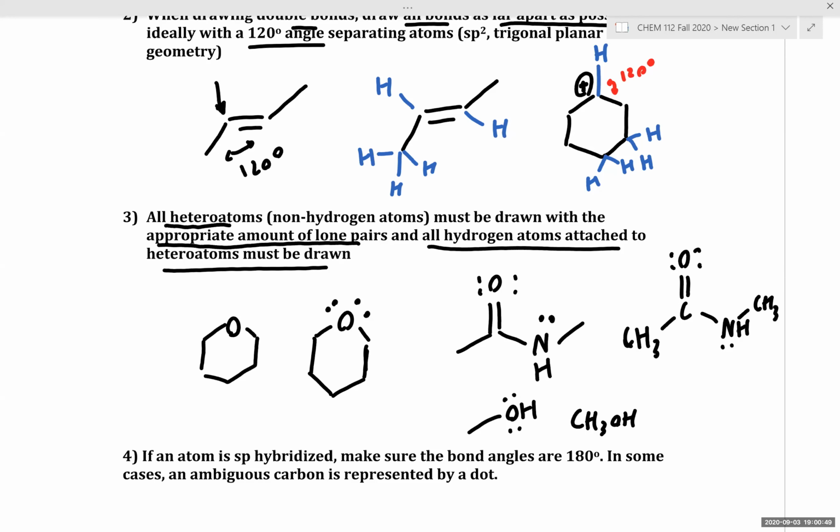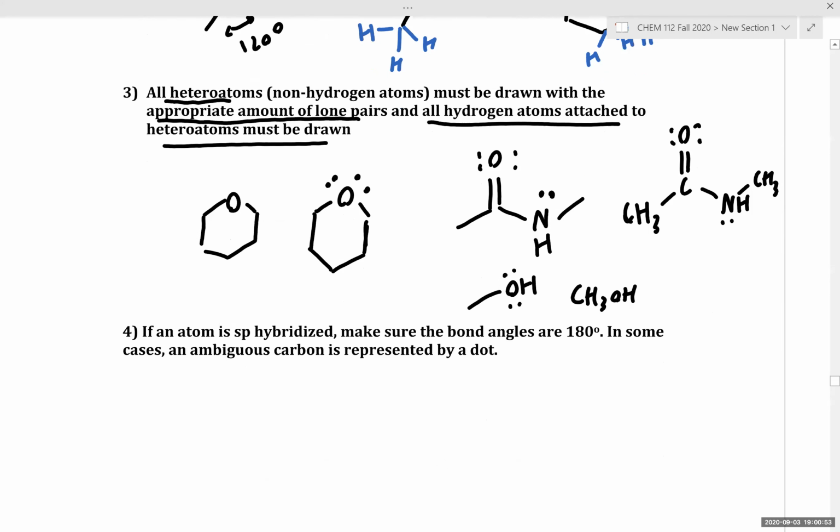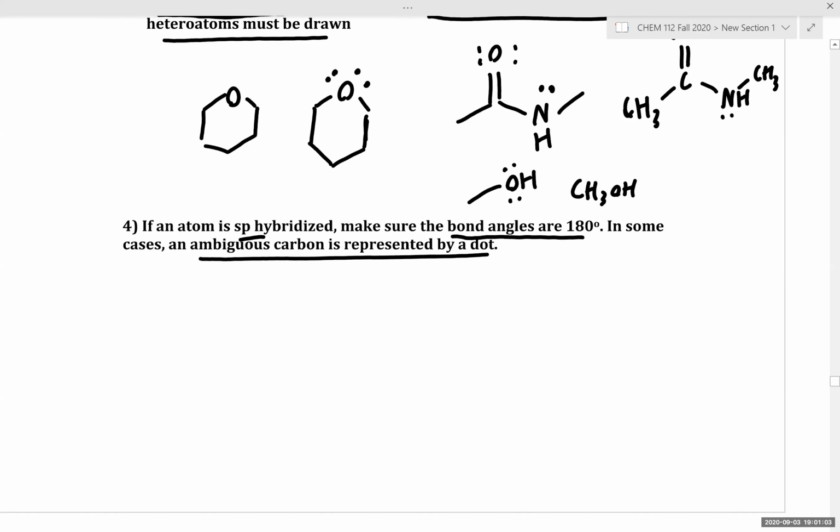Yep. Perfect. So the next major idea: if an atom is sp hybridized, make sure the bond angles are 180. In some cases, an ambiguous carbon is represented by a dot. So for example, if you have the following structure, notice how I'm drawing out my bond angles so that they are 180 degrees.